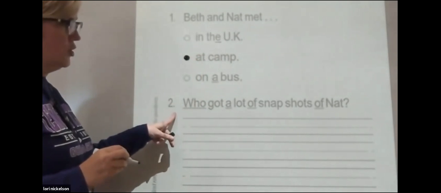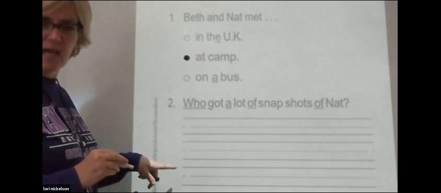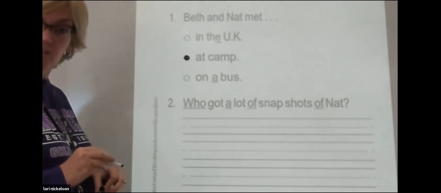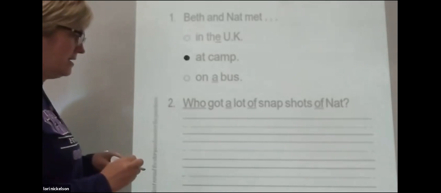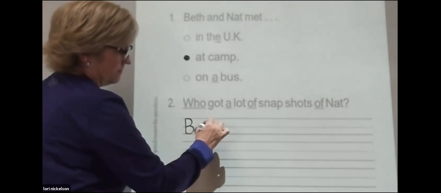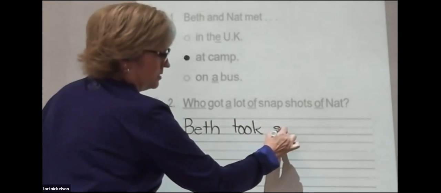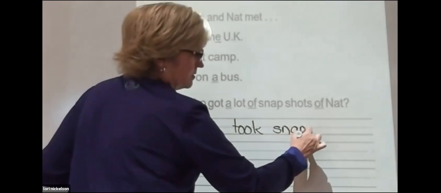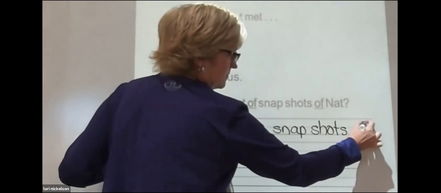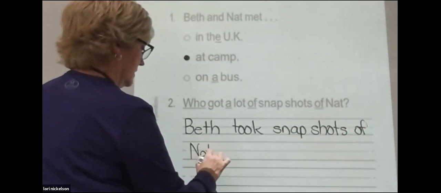Number 2 says, who got a lot of snapshots of Nat? So who took all these snapshots of Nat? It was Beth, because Beth met him at camp. So you're going to put Beth took snapshots of Nat.